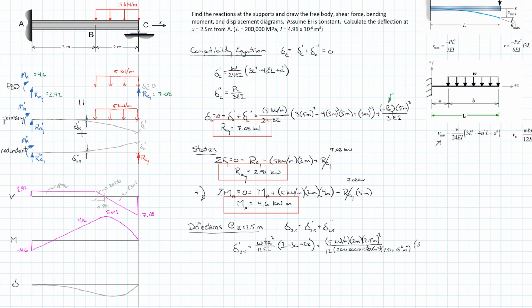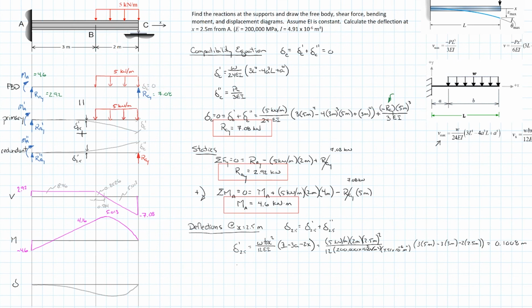And we multiply that by 3 times our length, which is 5 meters, minus 3 times a, which is 3 meters, minus 2 times x, which is 2.5 meters. And so we calculate that out and we come up with 0.1008 meters.